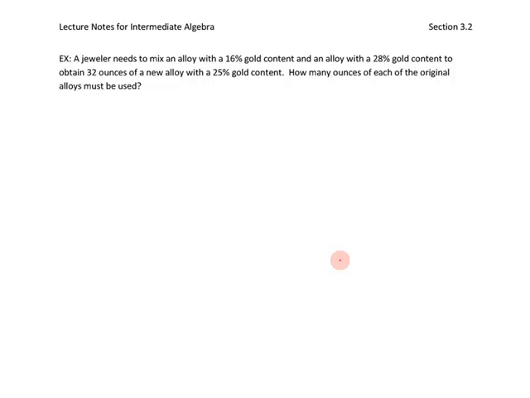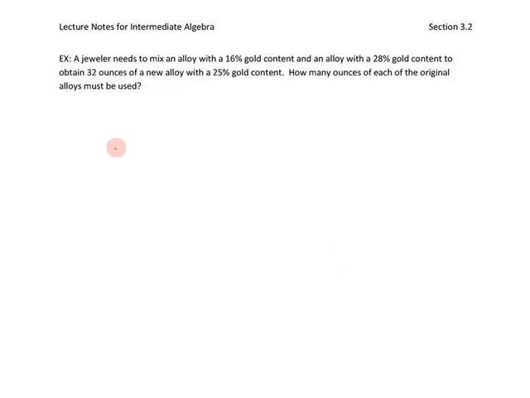One has 16% gold content, the other alloy has 28% gold content, but the desire is to have a 32-ounce sample of a new alloy that's 25% gold content. So I'm going to take so much of the 16% and so much of the 28% and mix it together so the result has 25% gold content. The question is, how many ounces do I need of each to get that mixture just right?